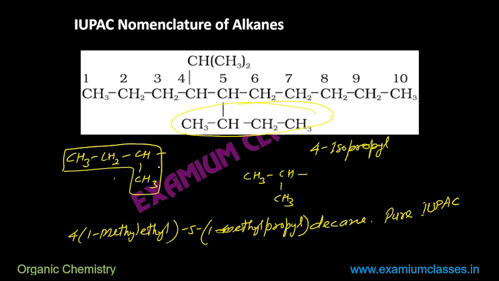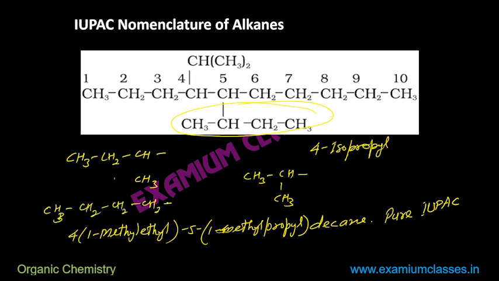It is butyl, but if it would have been like this, suppose CH3, CH2, CH2, CH2, it would have been butyl. But in this case, it is like this. From here, this carbon is making it the alkyl group, and it is a 2-degree carbon. Do you recall that? The open bond is at a secondary carbon, 2 degree.